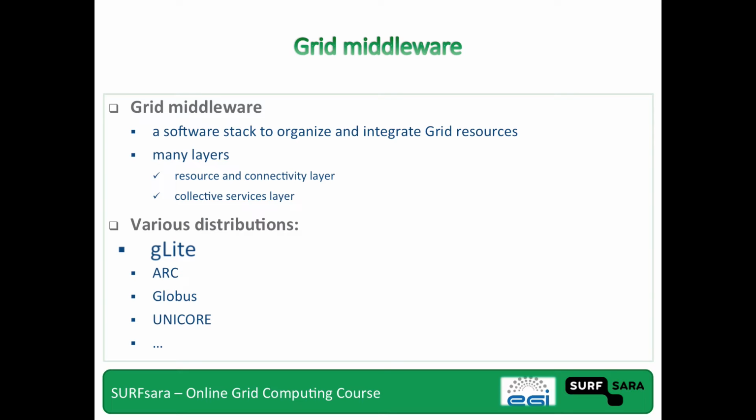The G-Lite middleware is currently installed in grid sites participating in the worldwide LHC computing grid project, one of the largest communities involved in grid technology and basically the resource dedicated to computing for the Large Hadron Collider project. Other middleware distributions offer similar commands as those used by G-Lite. So let's first take a look at how we can submit jobs using this middleware.